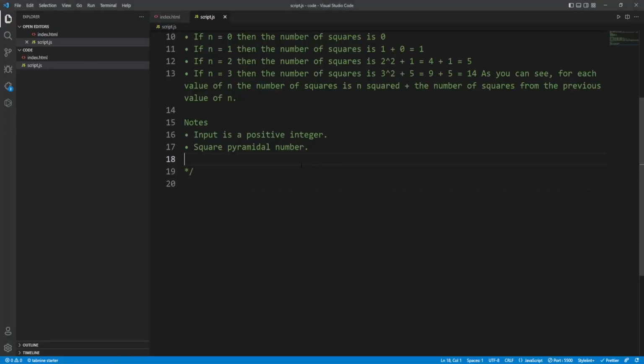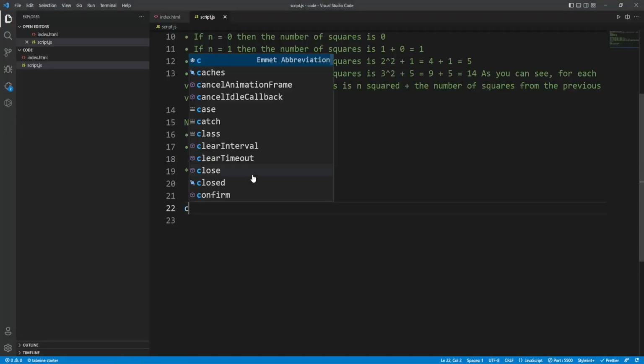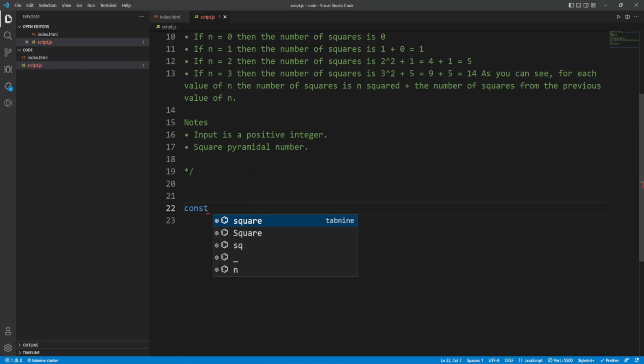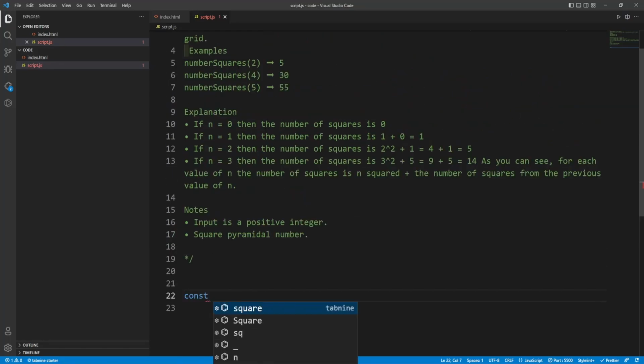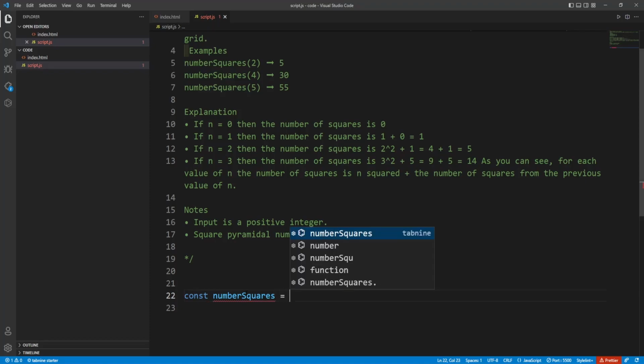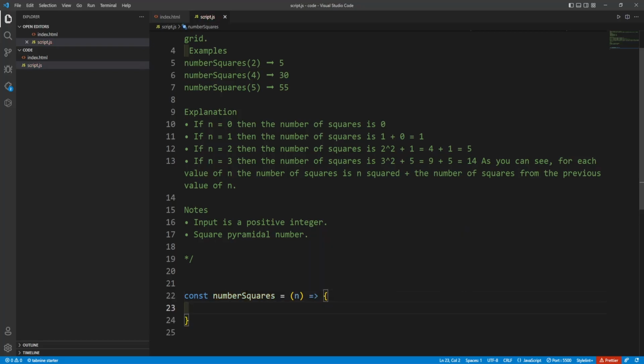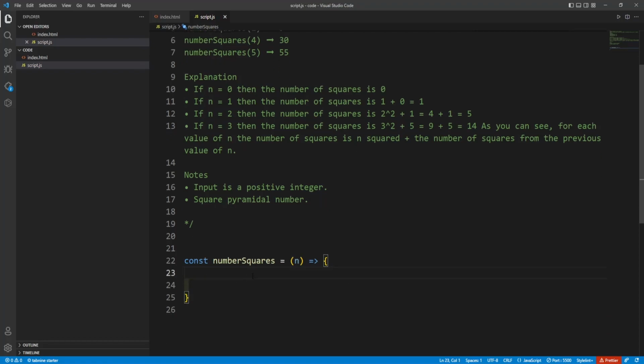To code that, let me write const numberSquares function. We are going to take one parameter n, and then our function. So we need to use a loop here. Why? Because whatever the number is, we need to add all the numbers before that.